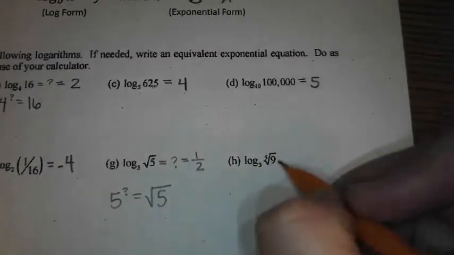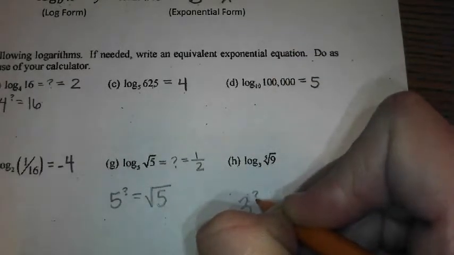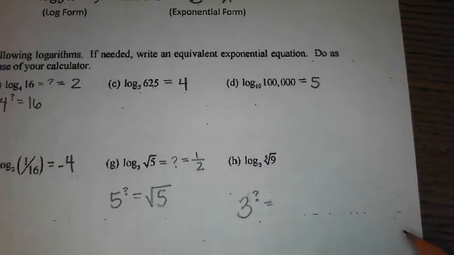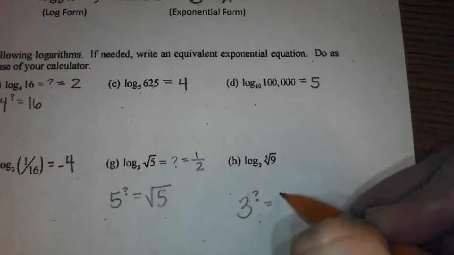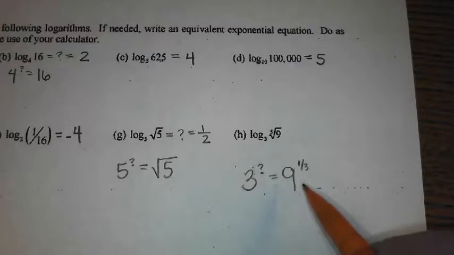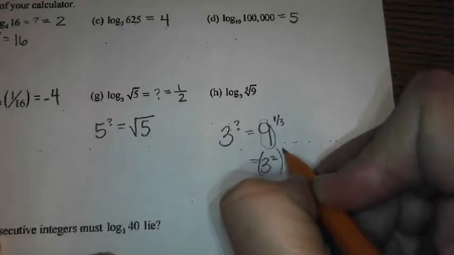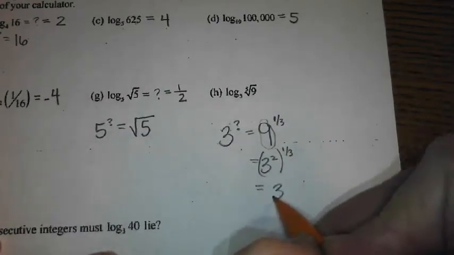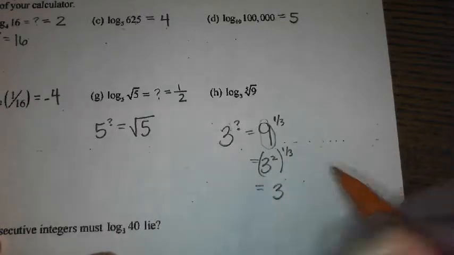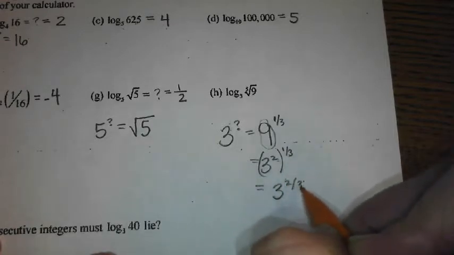And this last one, I might write out 3 to what power equals, now how could I rewrite the cubed root of 9? 9 to the 1/3 power, right? And then go with what we learned yesterday. 9 is the same thing as 3 squared to the 1/3 power, which is 3 to the power to power means 2 times 1/3 is 2/3.